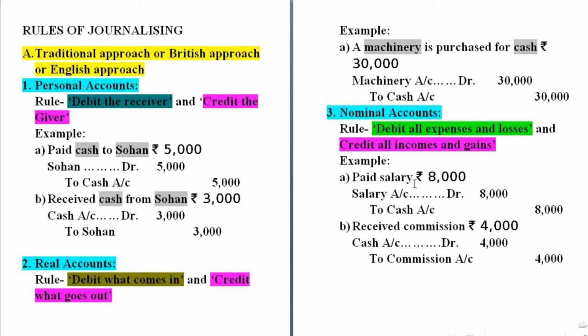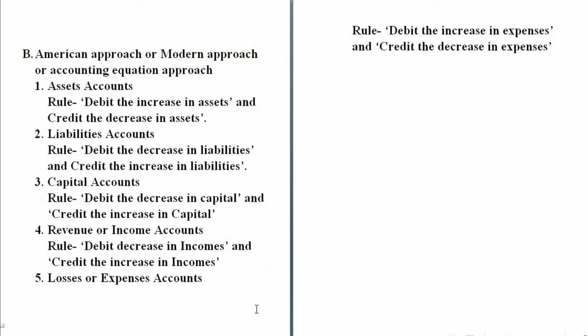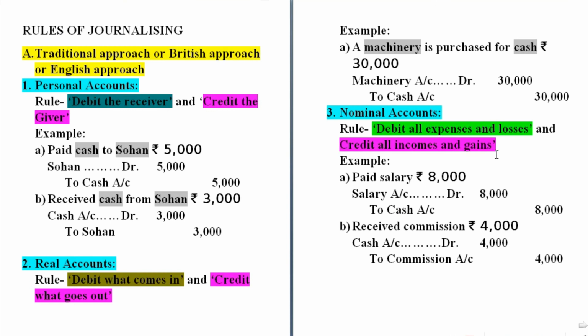But if something is written like paid by cheque, then in place of that we will write bank. When we go further into the questions, we will learn better. Just understand the rule here.